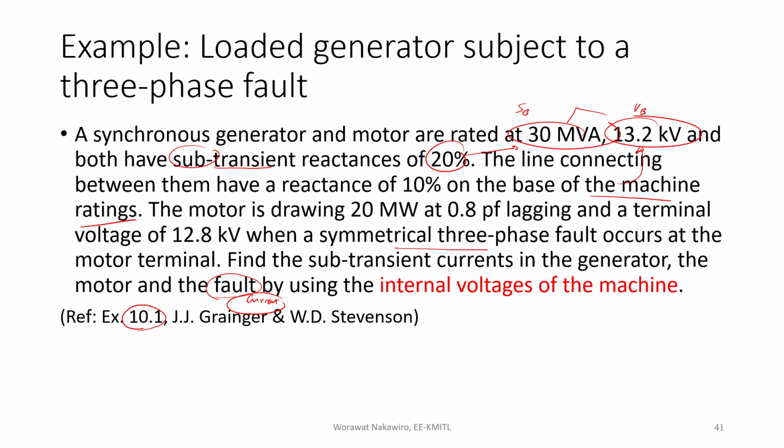To be more specific, I will rewrite the problem a little bit. If you read "find the subtransient currents in the generator," it's not really meaningful, and you may be confused, so I would change this statement a little. The first question asks for the contribution of the fault current from the generator.